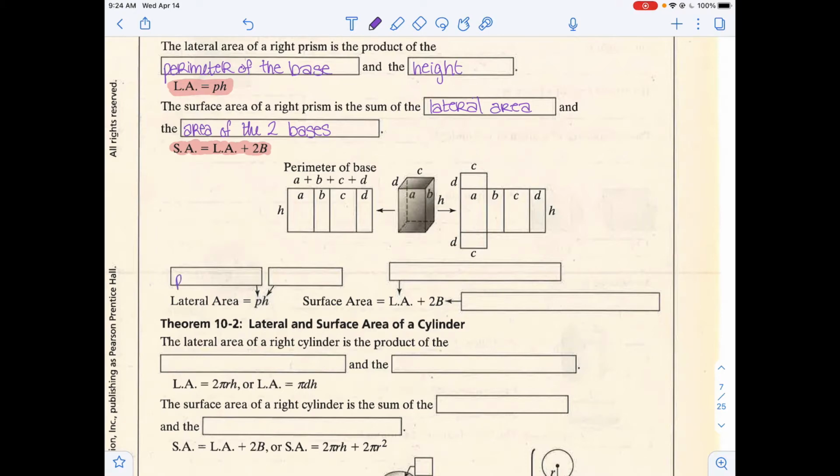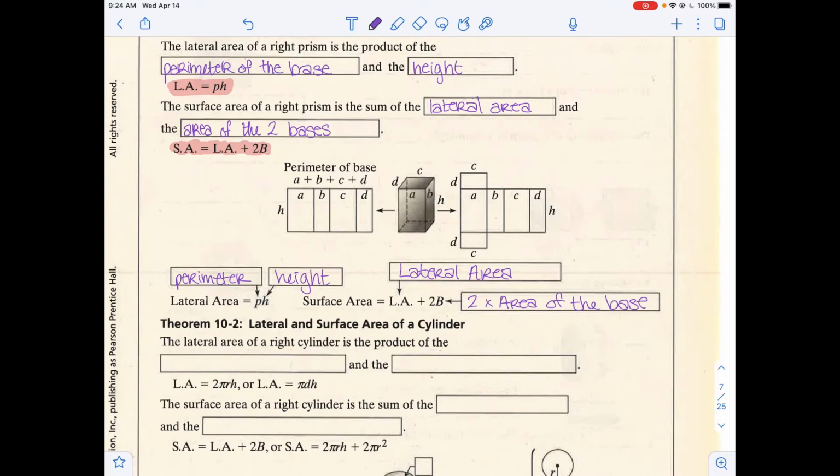Lateral area, P stands for perimeter in the equation. H stands for height. Surface area, this is lateral area plus 2 times area of the base, because there are two bases that are exactly the same.